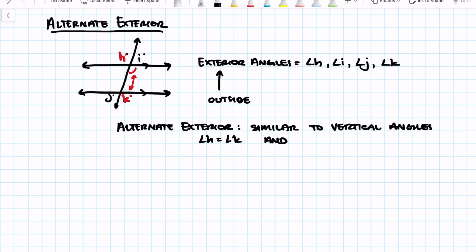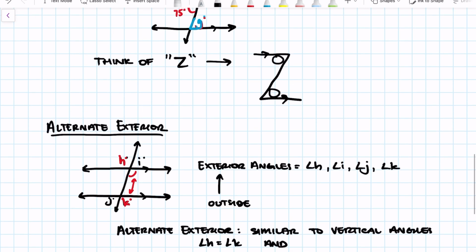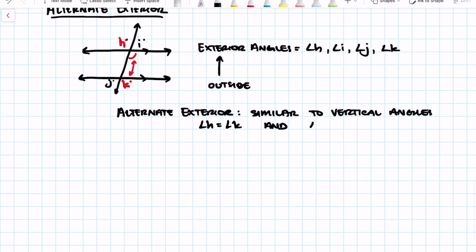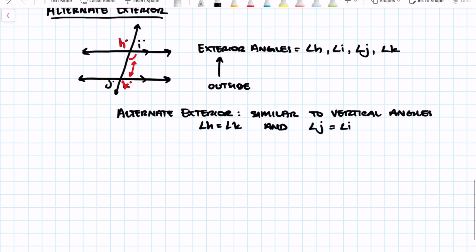And there's another pair as well. Could you go ahead and try to see if you can figure that out? What are the other two angles? Oh, you should get that angle J is equal to angle I. All right, so that's alternate exterior. So if I gave an example here, you have another one of these transversals. You have the two parallels. And there we go, parallel, parallel.